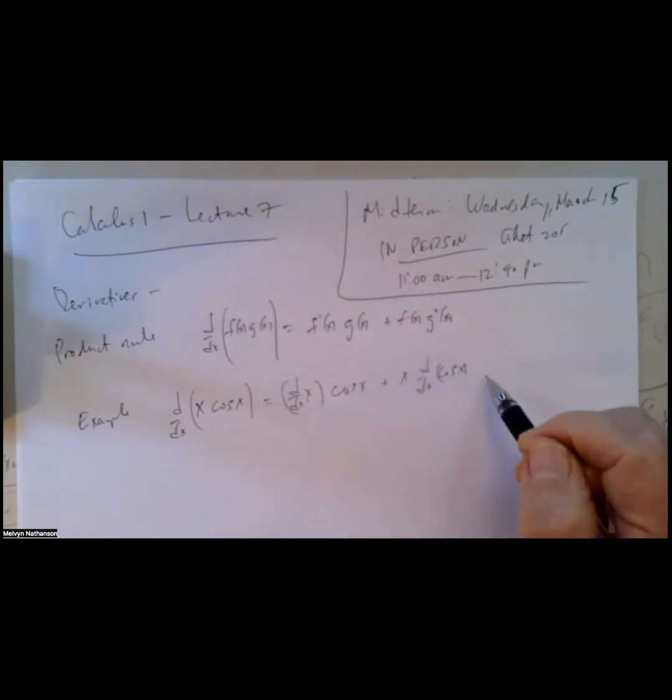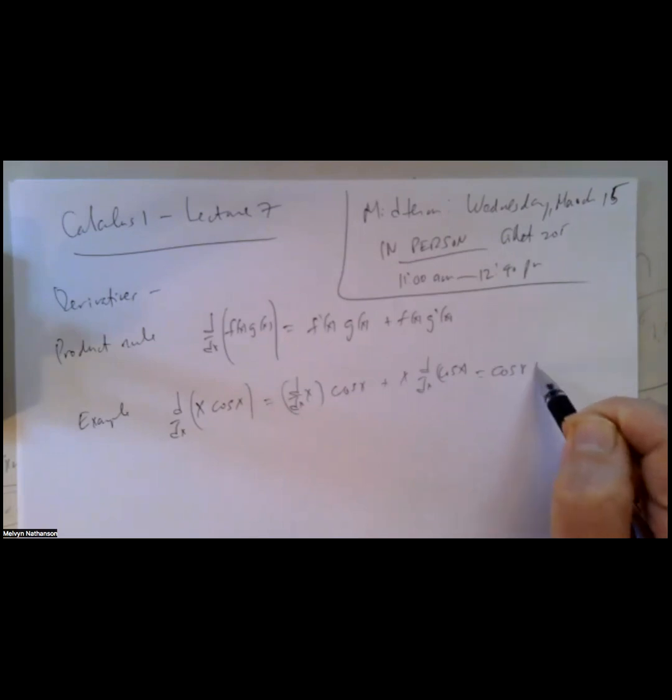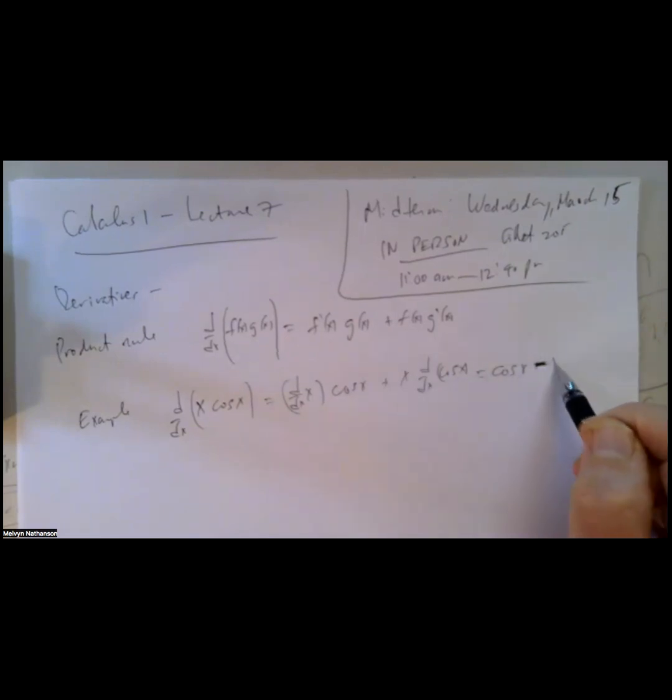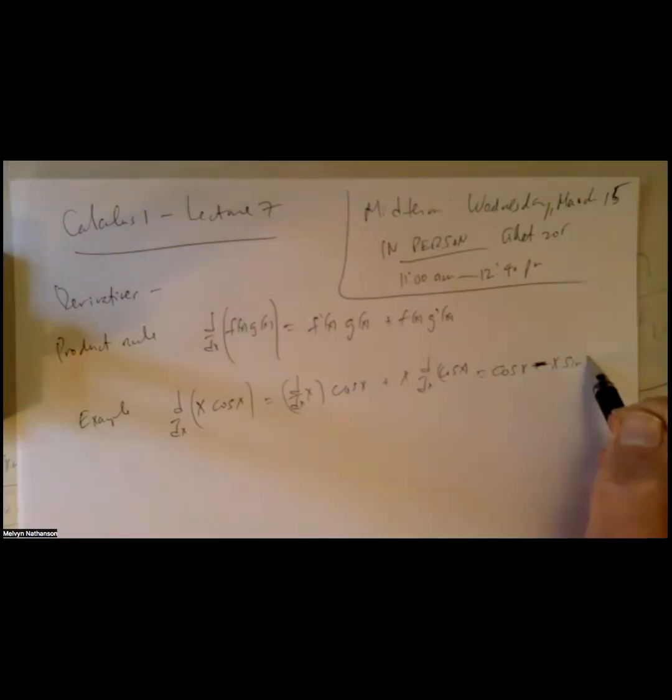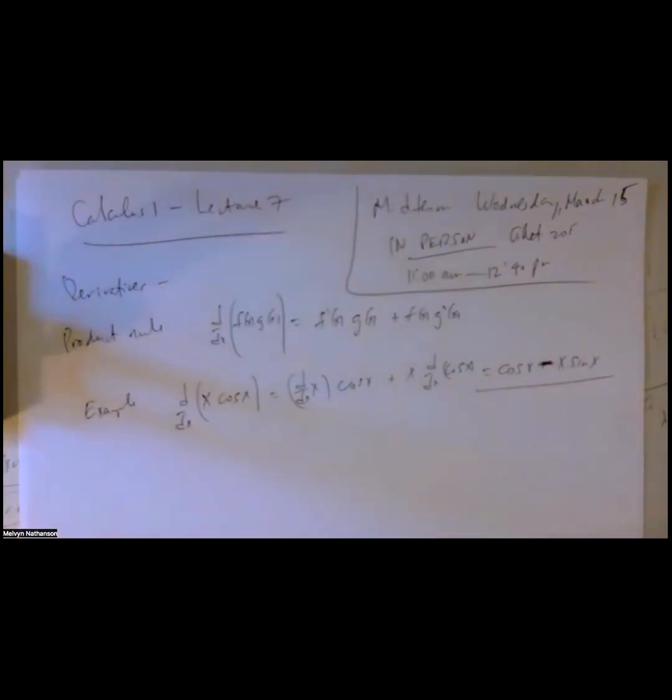The derivative of x is 1. And the derivative of the cosine is minus the sine. So it's x times minus the sine of x. So that's the derivative of x cosine x. Any question about that?